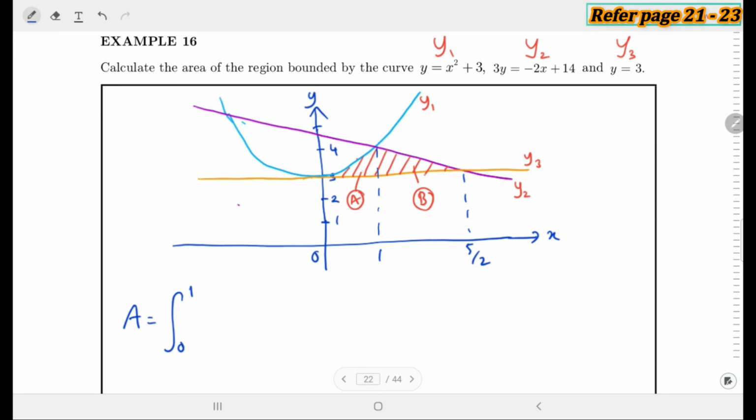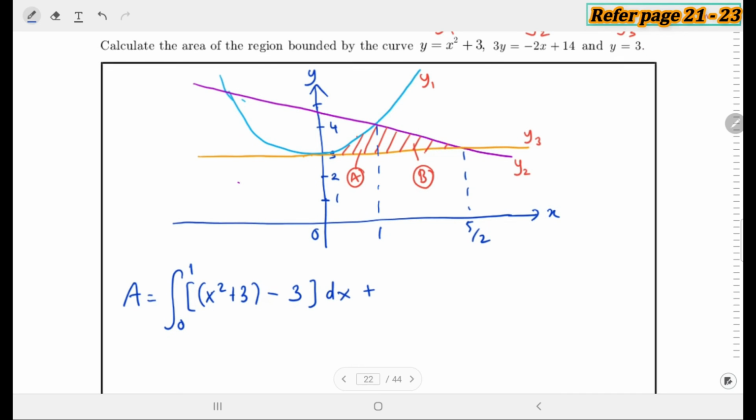For part A, which one is the upper function and the lower function? Of course the blue one is the upper function, so y1 is x squared plus 3. We will subtract the lower function, which is the orange one, y3, 3, with respect to x. Plus, we add up the second part, B, which begins from point 1 to 5 over 2.